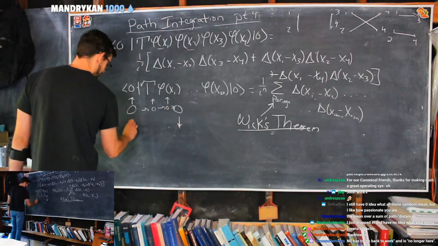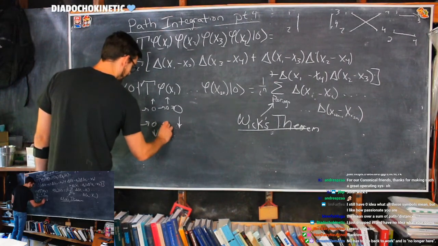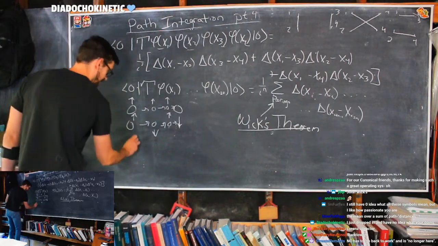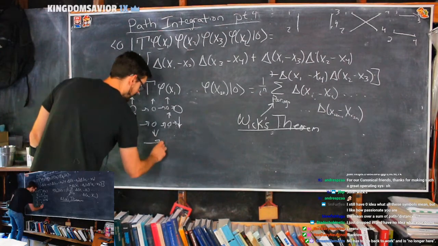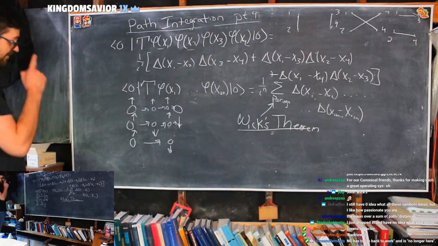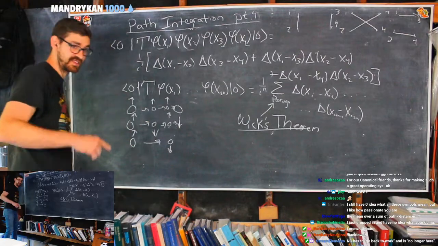We could have spin up to spin down to spin up to spin down. We could just have spin up to spin down. We can have all sorts of possibilities. Every single path to get from spin up to spin down has to be considered.